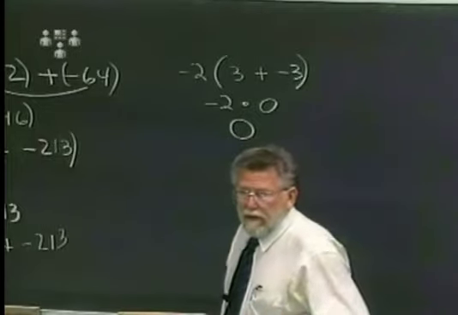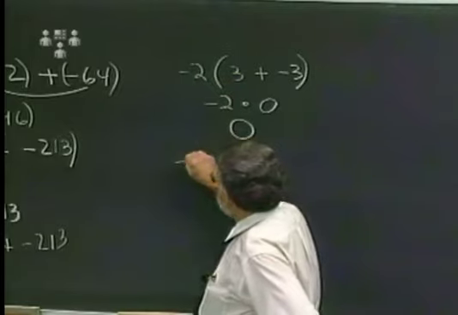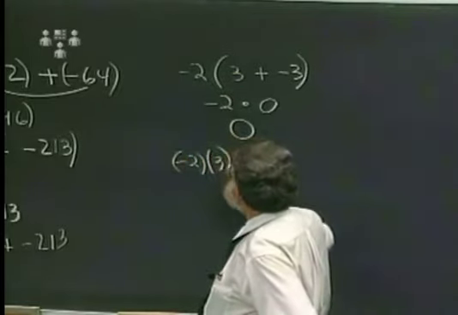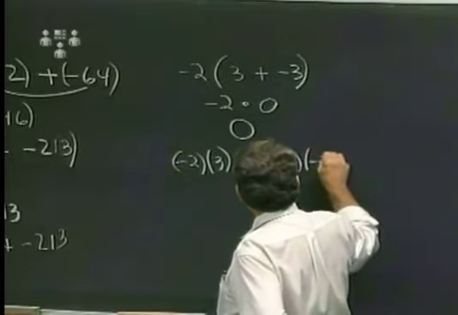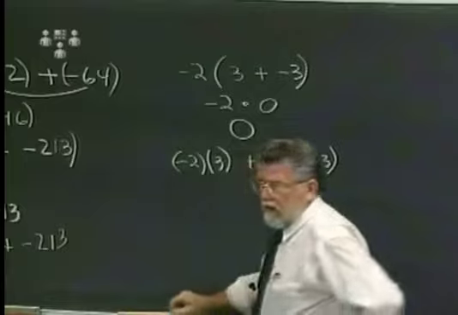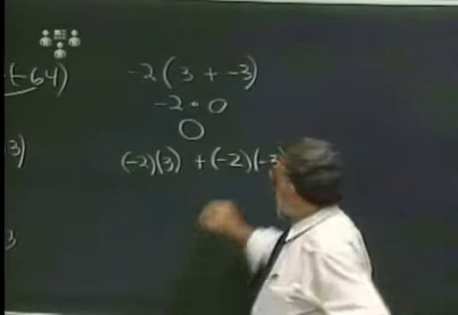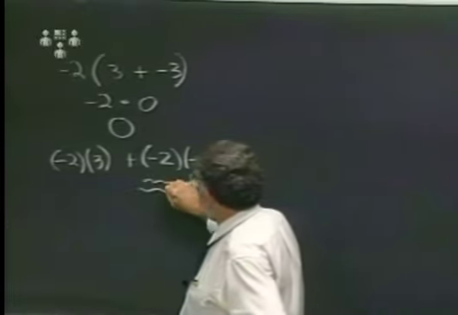Now, let's apply the distributive property. The negative 2 times 3, okay, and then negative 2 times negative 3. Now, at some point, before I carry out the part I want here, I'm worried what this should be.